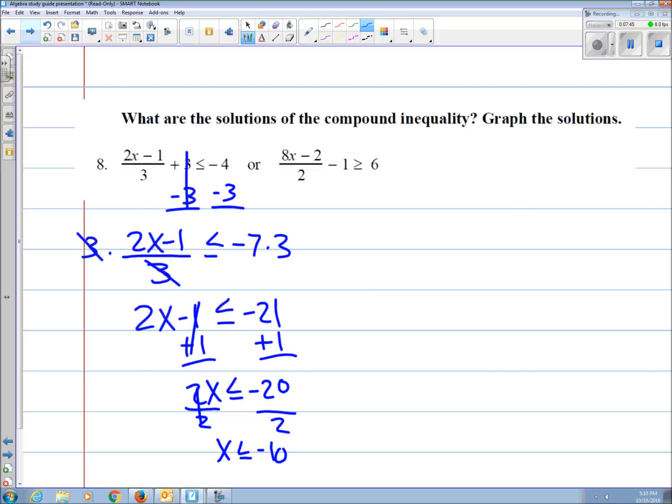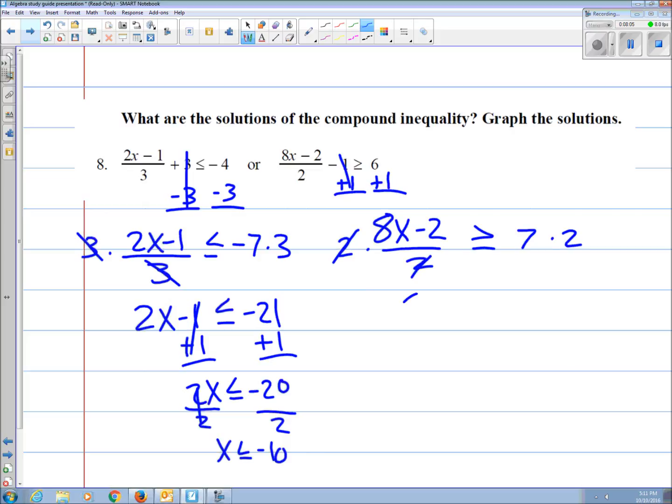So that's one solution. On the other side, add 1 to both sides. We're going to get (8x minus 2)/2 is greater than or equal to 7. We can multiply by 2 on both sides.